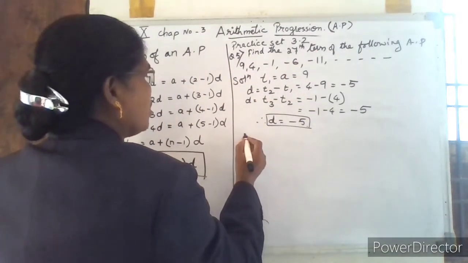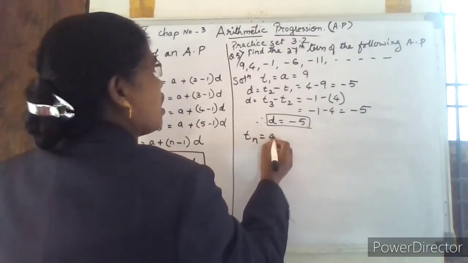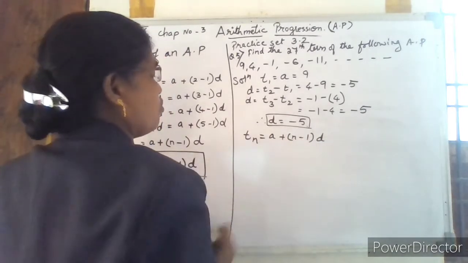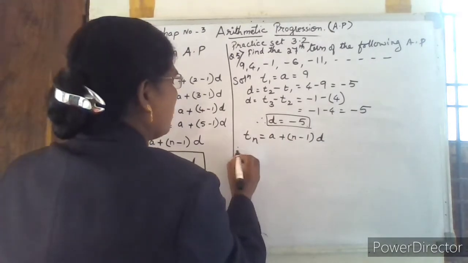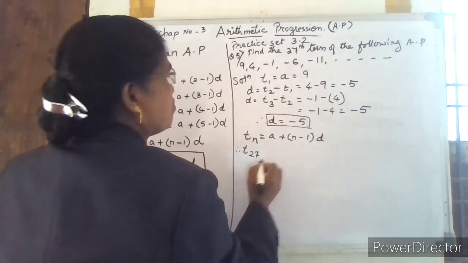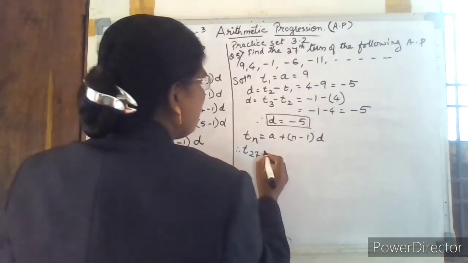So we can say the nth term is equal to A plus (n minus 1) into D. Take the formula. Therefore, the 27th term we have to find out. N is given as 27 here.